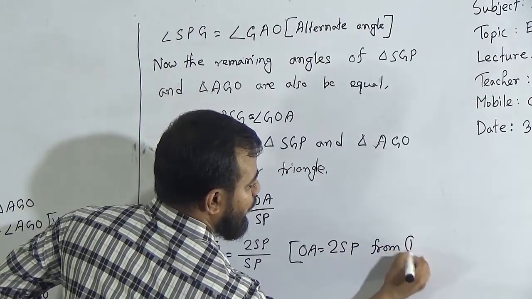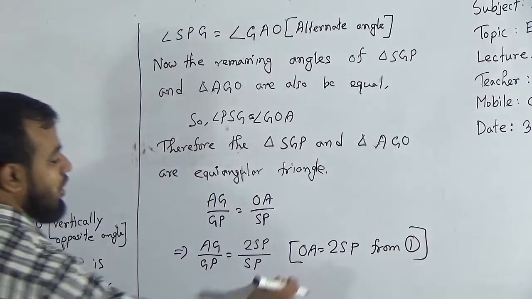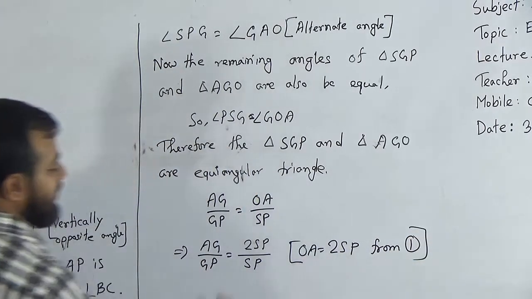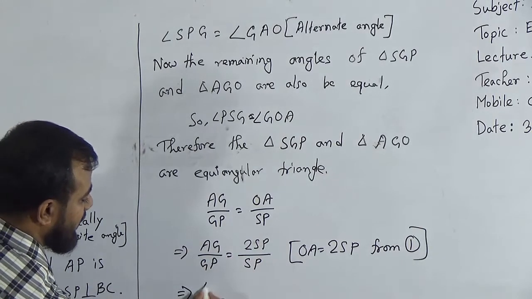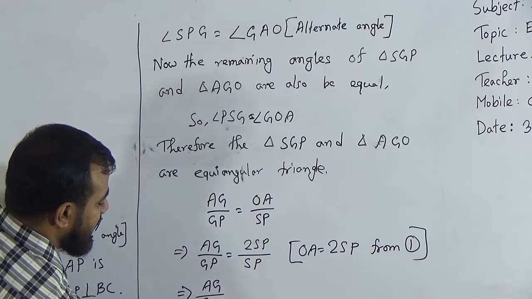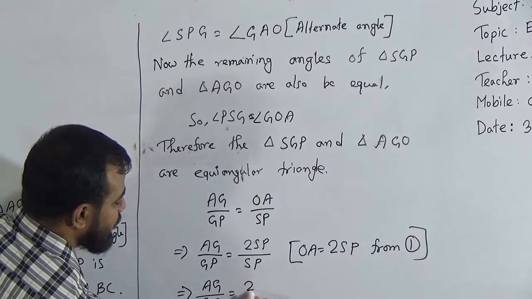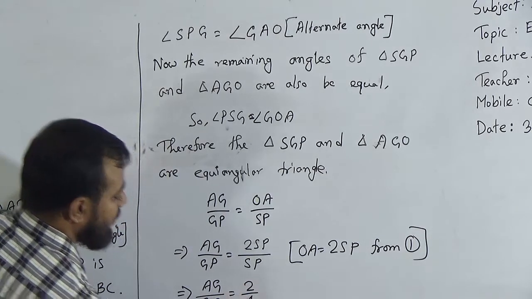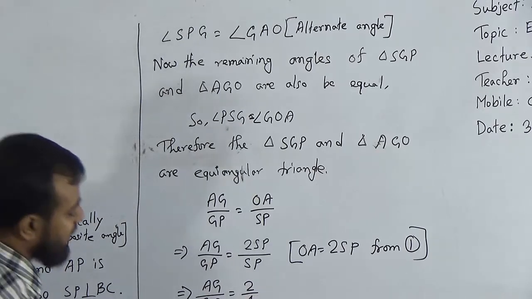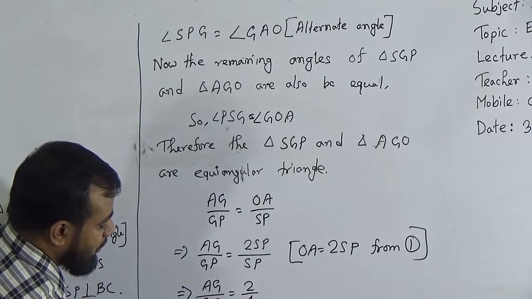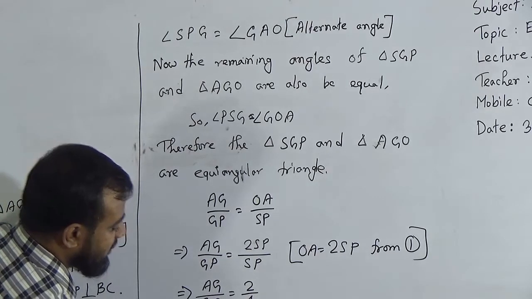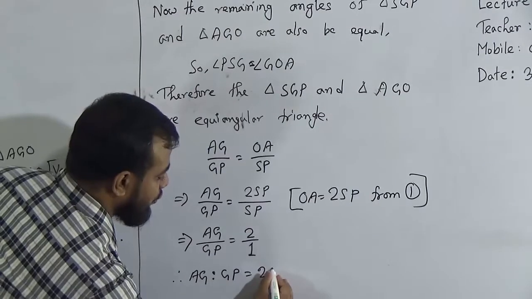Already we found OA equal to 2 SP. Now we can cut down SP and SP. We can write down AG divided by GP, that's equal to 2 by 1. Therefore AG is to GP is 2 is to 1.